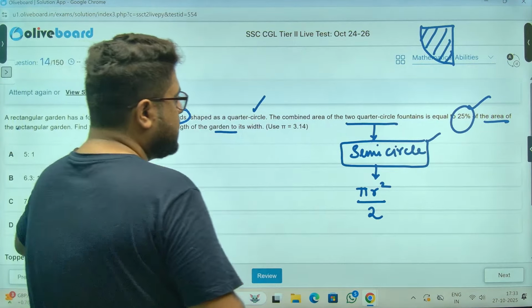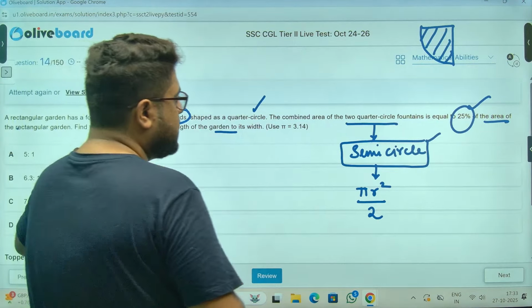Then length into breadth, with breadth being r, is the area of the rectangle, into 25% meaning 1/4. That is the total area of the semicircle, meaning two quarter circles combined. This is my equation, sir.